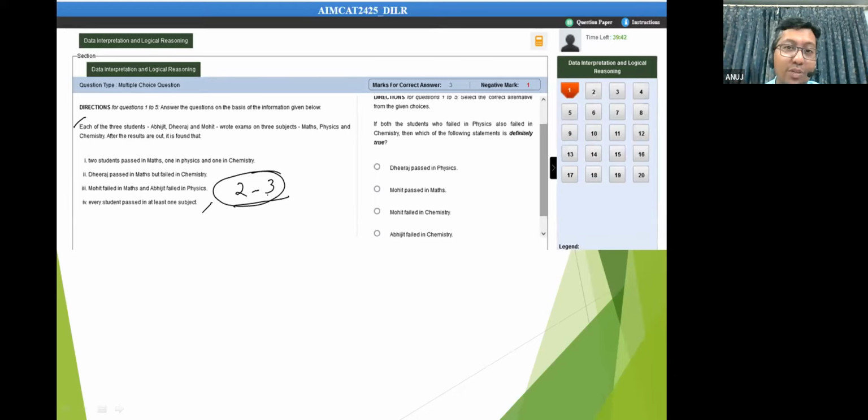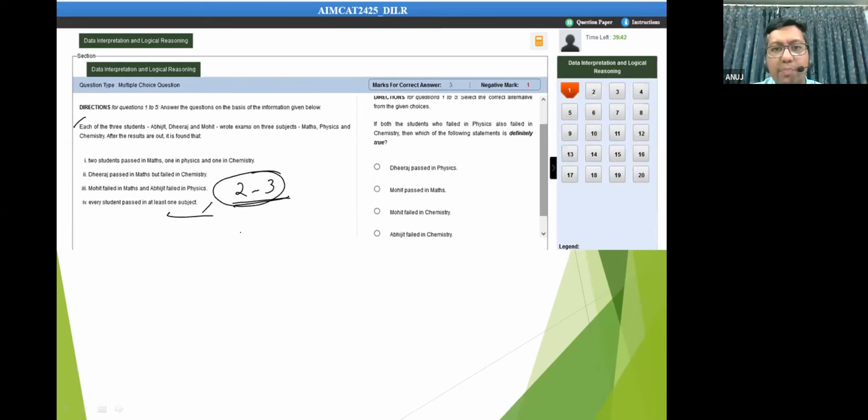In verbal, if you miss one word, then you are going to misjudge what the author is going to say, right? Similarly, in logic, if you miss one point or you misjudge a given condition, you are unable to solve that particular caselet in the given time. So it is very important that this time the skimming should not be there and you should read the conditions thoroughly. And 2 to 3 minutes is good enough to do that.